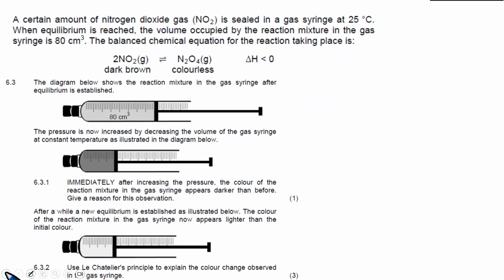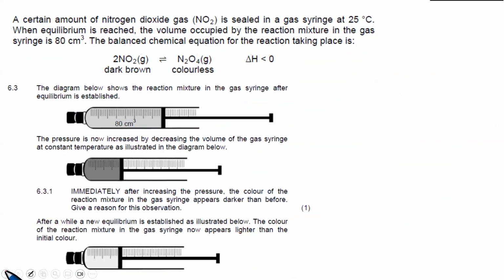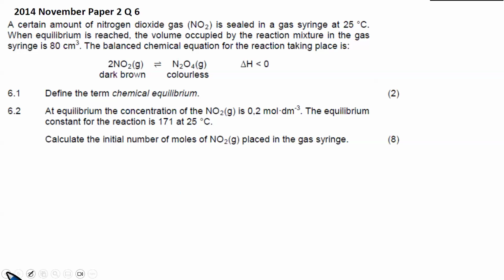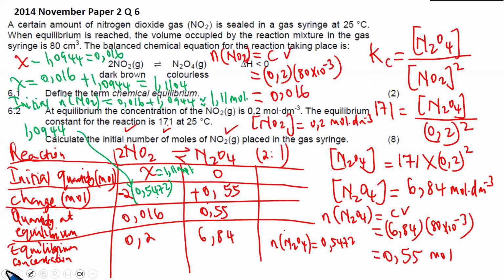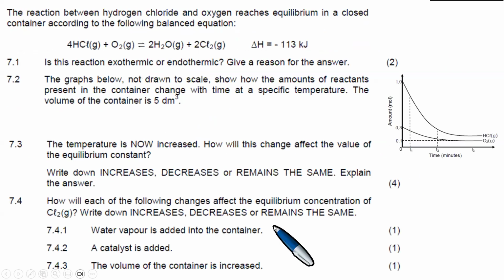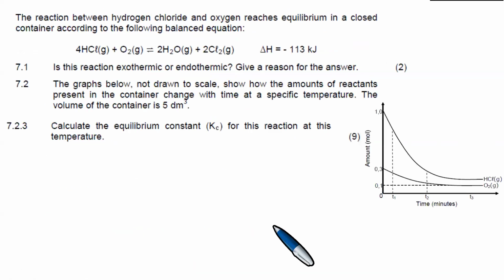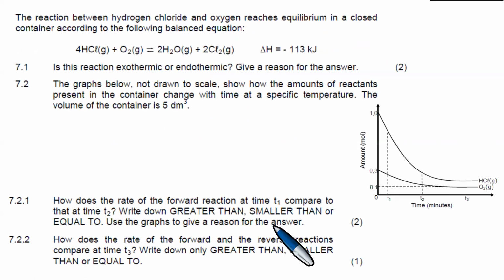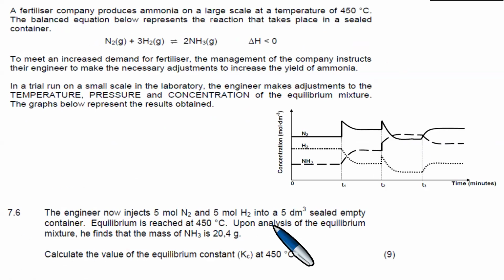There's another question. We're starting from the end of this document. Then we have the other question on the graph, and this question on the graph appeared in one of our papers.